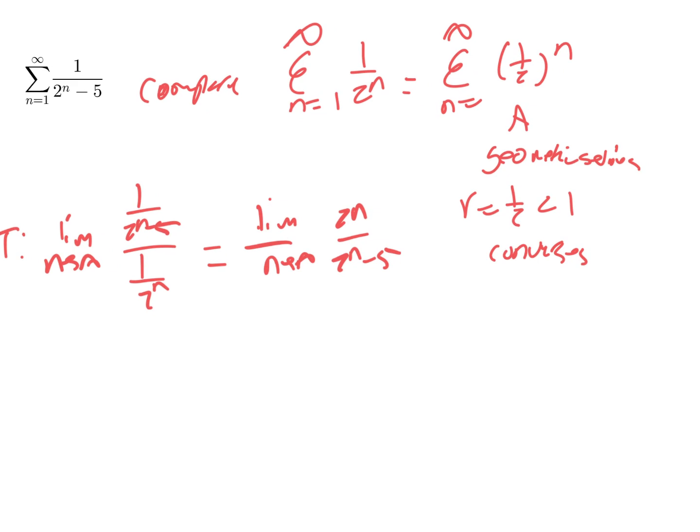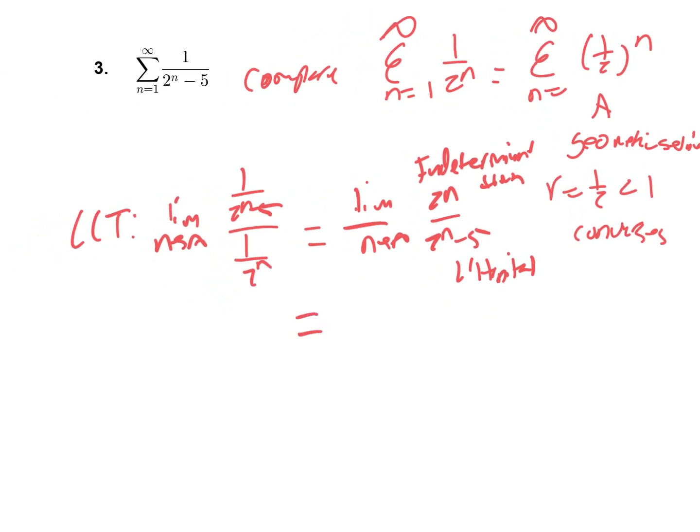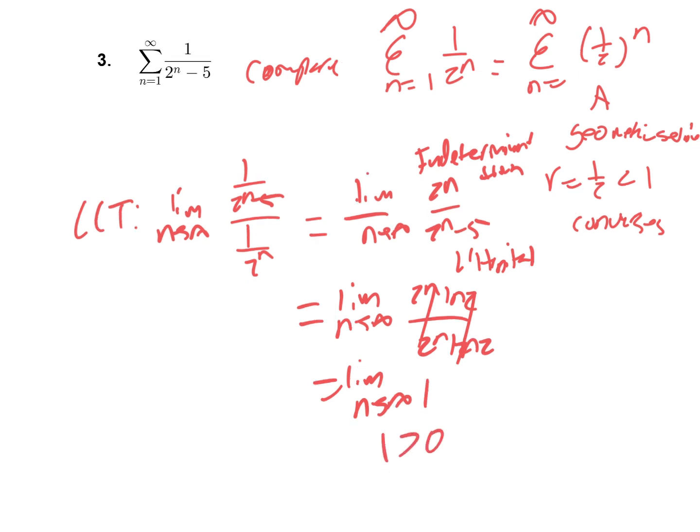And this is an indeterminate form, so we're going to have to use L'Hopital. We all love that. This is for AJ's video. That gives the limit as n goes to infinity of 2 to the n ln 2 over 2 to the n ln 2, which all cancels out. So it equals the limit as n goes to infinity of 1, and 1 is bigger than 0.